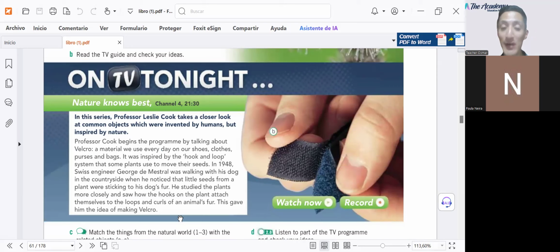because we're going to do a listening activity related to that. Do you remember the Velcro? Did you know that Velcro was actually inspired by nature?